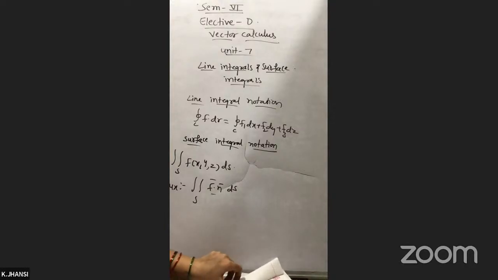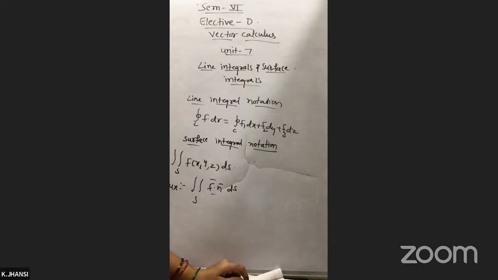Whenever the surface integral notation is there, we will find the problems with the help of that. 5 marks questions will be asked for evaluation of surface integrals. So a Cartesian form of the surface integral: F is equal to f1 i plus f2 j plus f3 k, where f1, f2, f3 are continuous or differentiable functions of x, y and z.